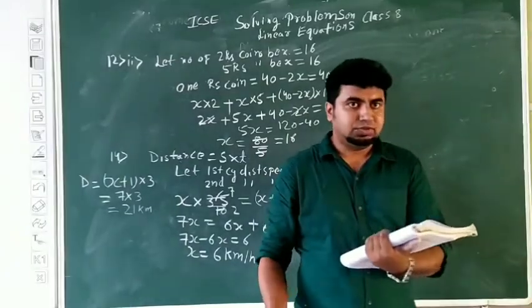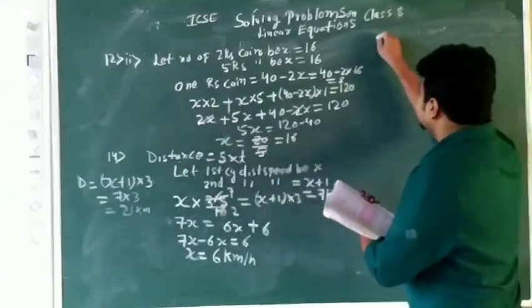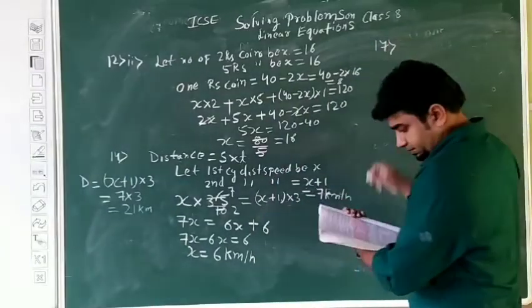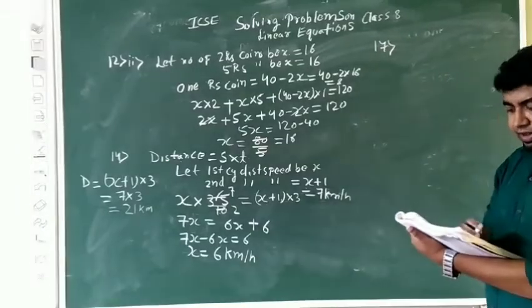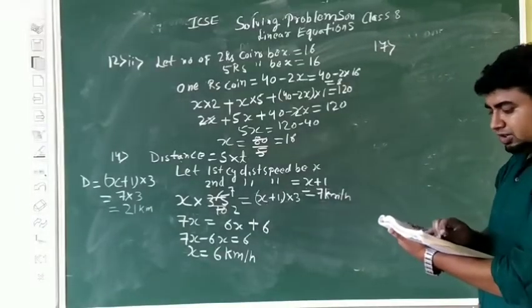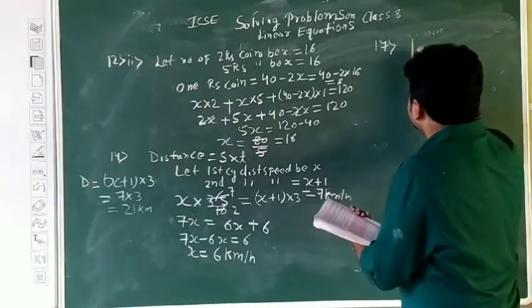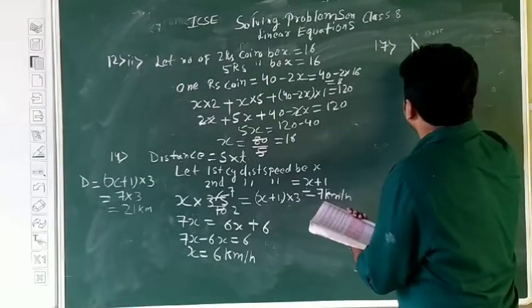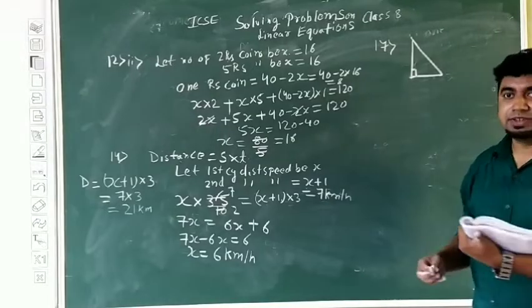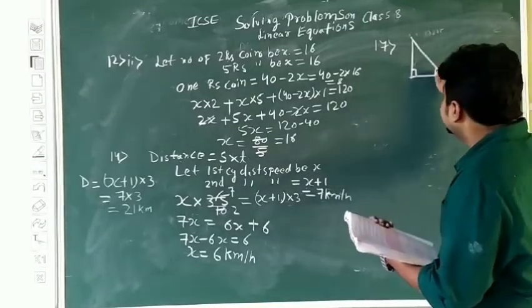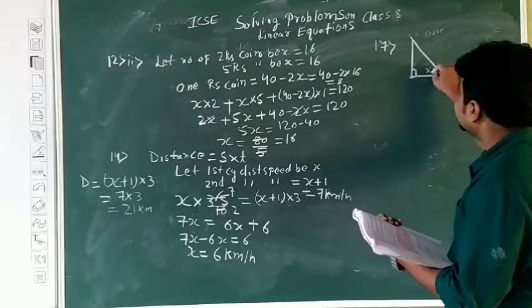17. So in question number 17 we are going to discuss a right angle triangle. One of the acute angles is 1/5 of the other. Right angle triangle means one angle is 90 degrees. That is confirmed. Suppose one angle is x.